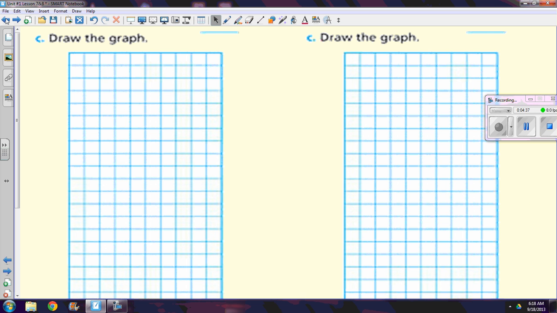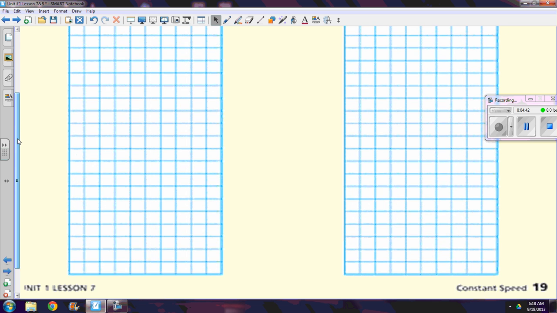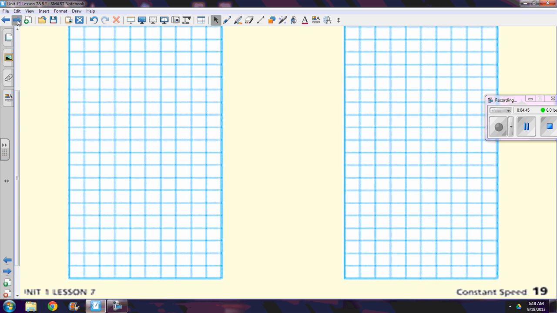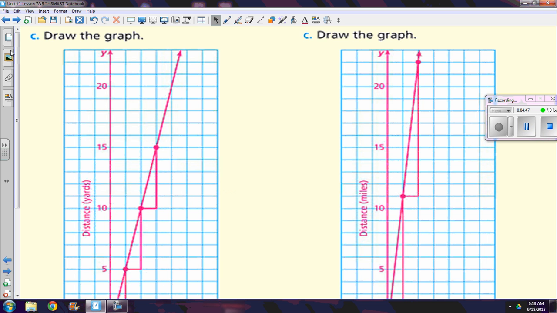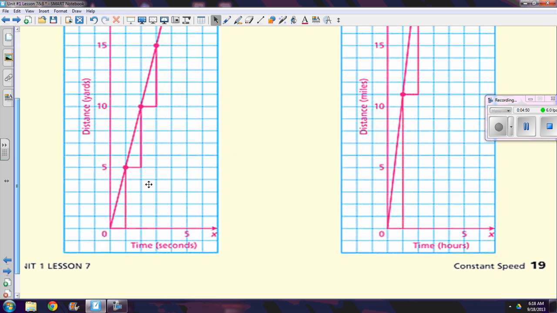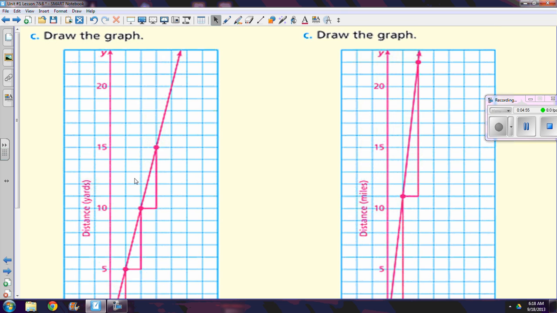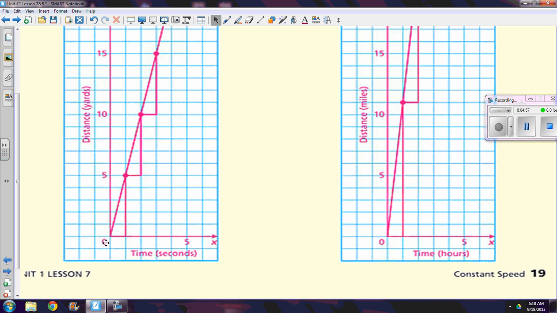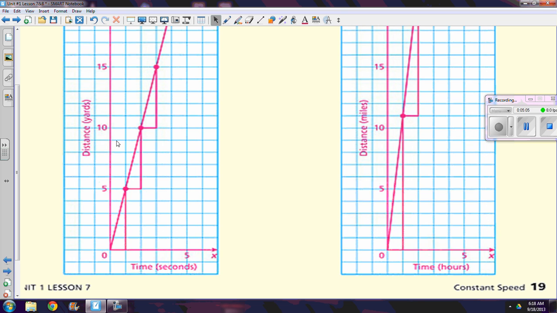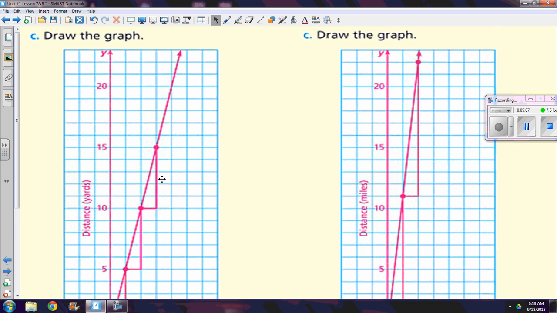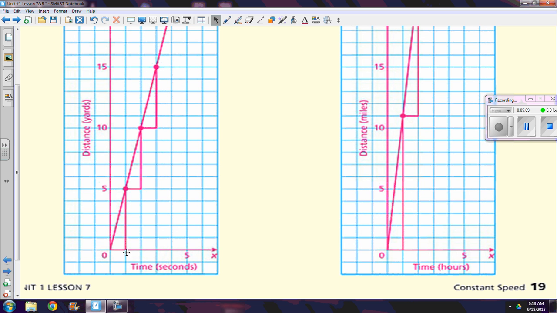So let's take a look on graph paper. What would that look like? You would have to create a table, and for problem number 1, you would have time in seconds on the x-axis, and distance in yards on the y-axis. 0, 5 seconds, 0, 5 yards, 10 yards, 15, 20, and so on. So in 1 second, 5 yards.